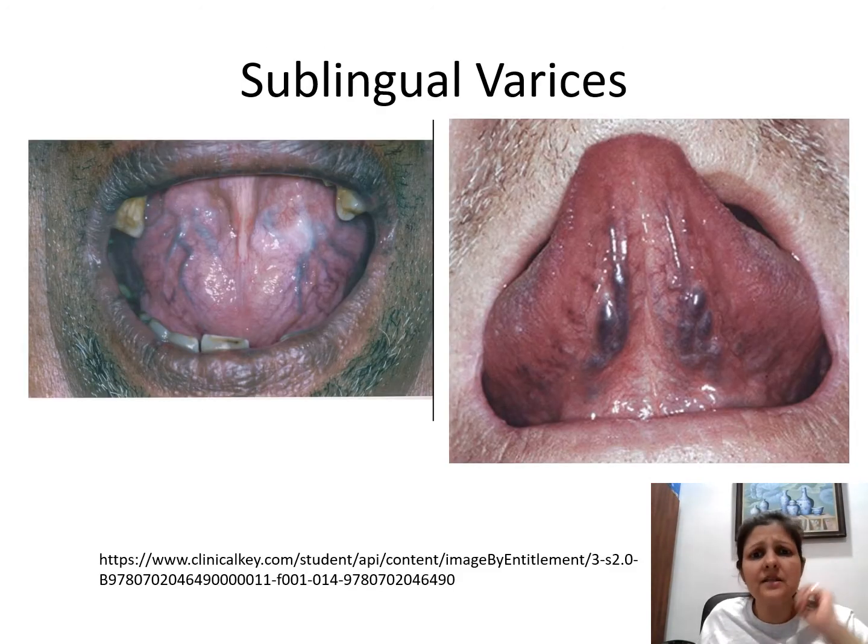As you can see in this picture, you can see very prominent veins, and sometimes young practitioners or young dental students early in their dental career can get confused and look at it as a pathology, but please be aware that this is nothing but a normal variant, prominent veins called sublingual varices, also called lingual varicosities.